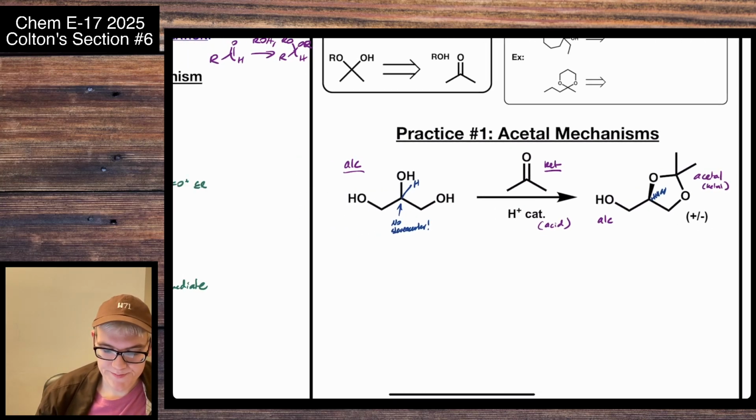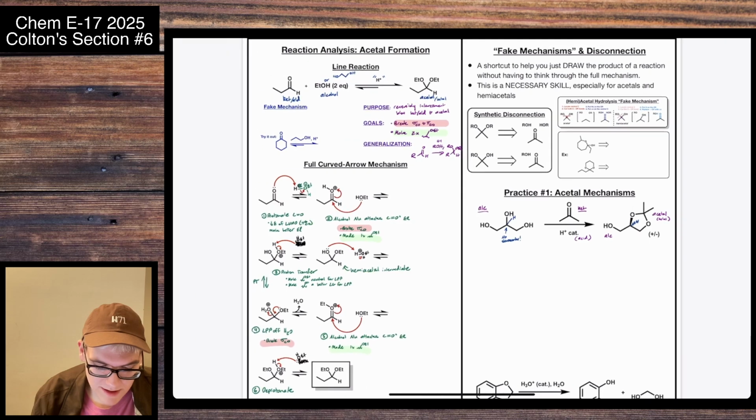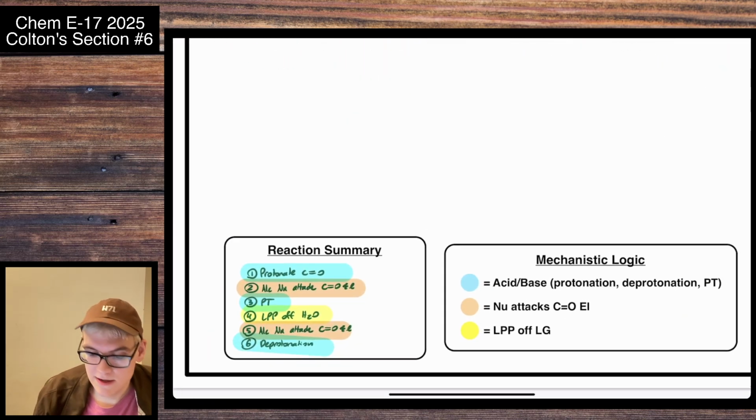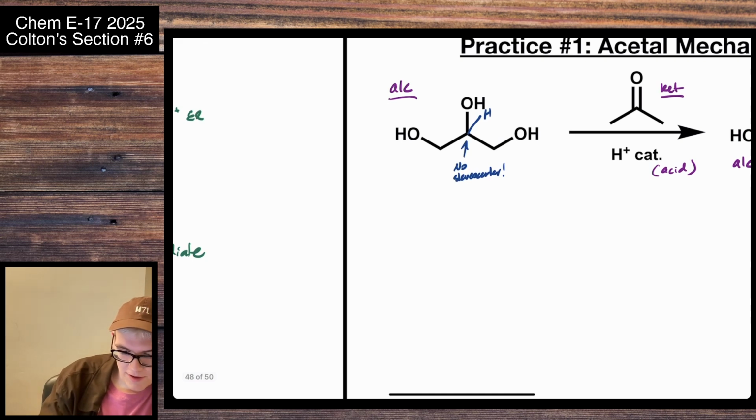Okay. So now, with all this in mind, if we see a ketone and alcohol forming acetal, we should jump into the acetal reaction. So what's the first step of the acetal reaction? Well, we just said it's protonate the carbonyl. So I'm going to start out with a protonated version of my alcohol.